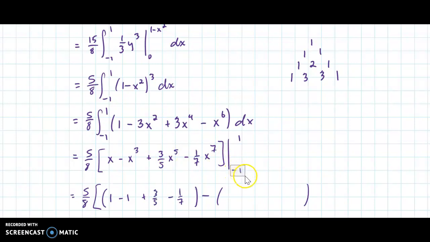When I plug in -1 to this thing, notice all of these are odd powers. So what's that -1 going to do? It's just going to change the sign out front of all of these things. So I'm going to get a -1. I'm going to get a +1. I'm going to get a minus 3 over 5. And then I'm going to get a plus 1 over 7.